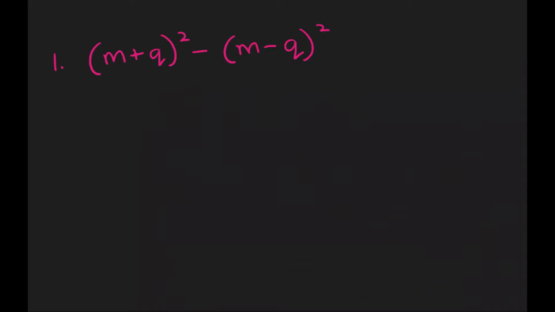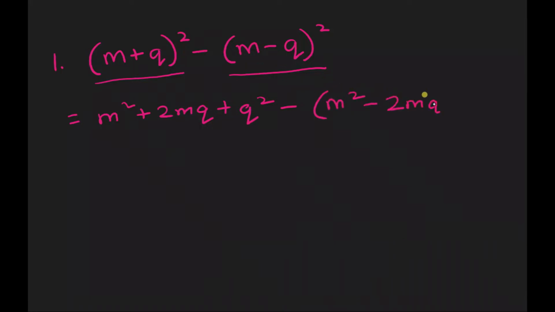Question number 1. So the first step is to expand the brackets, which will give us m squared plus 2mq plus q squared minus bracket m squared minus 2mq plus q squared. Please keep in mind that we've used the square of a difference and square of a sum rule to expand these brackets.